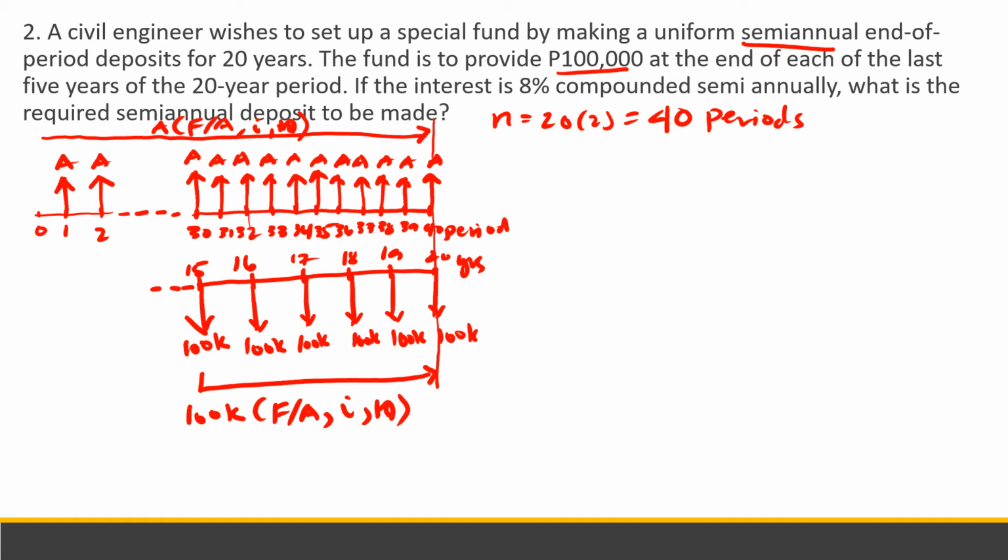Okay, so since this is a semi-annual or 2 periods in 1 year, so yung given natin na interest is 8% compounded semi-annually. So for the deposits, I is equals to 8% over 2 since this is a semi-annual, so magiging 4%.